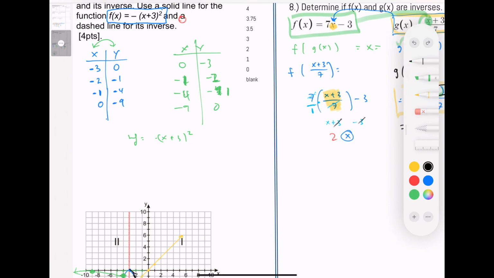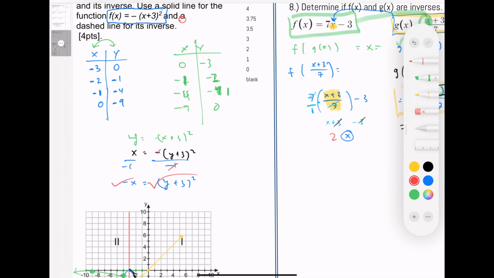All right, let's go ahead and switch our x's and y's. Divided by -1. So I have -x equals, this cancels, you're left with y plus 3 squared.